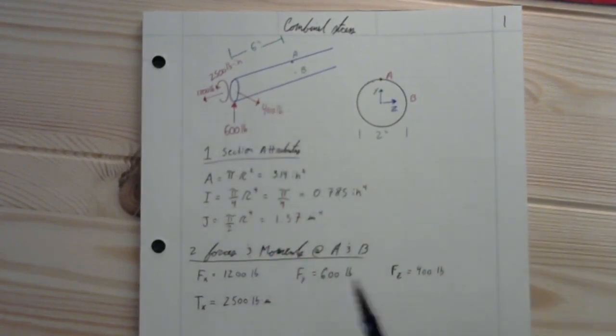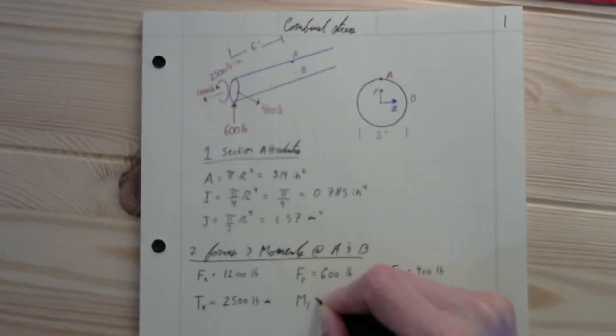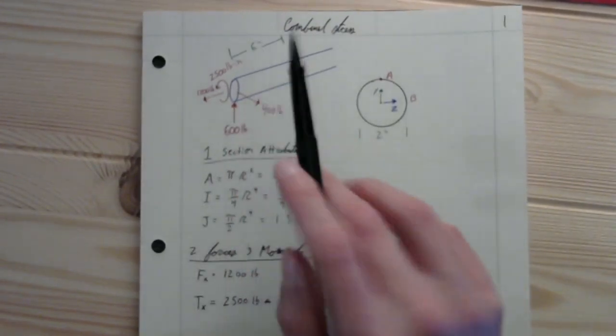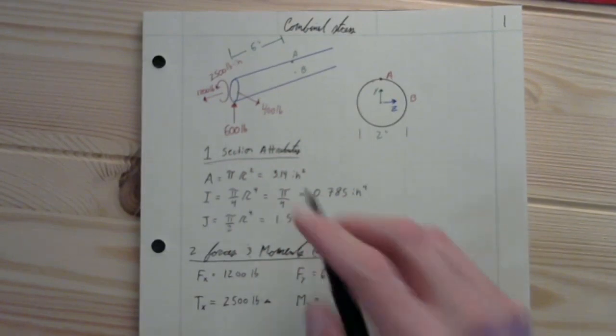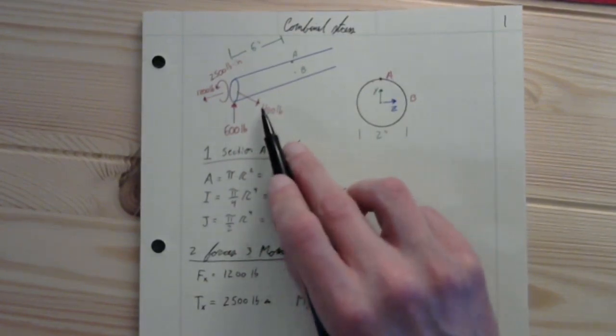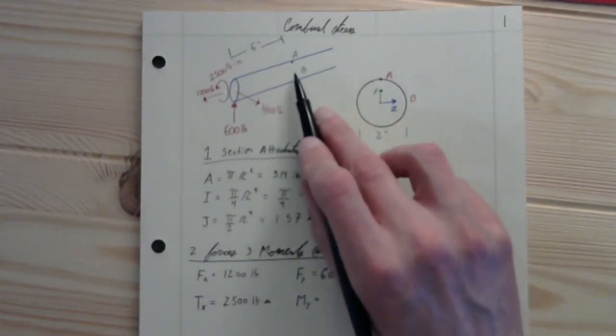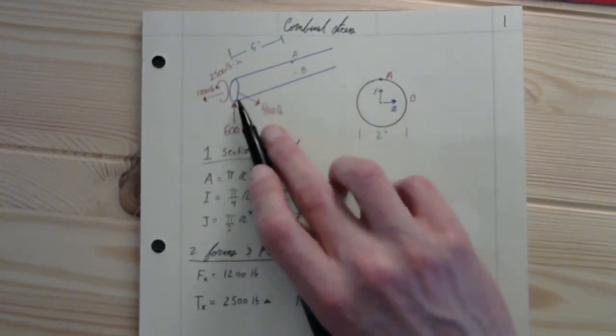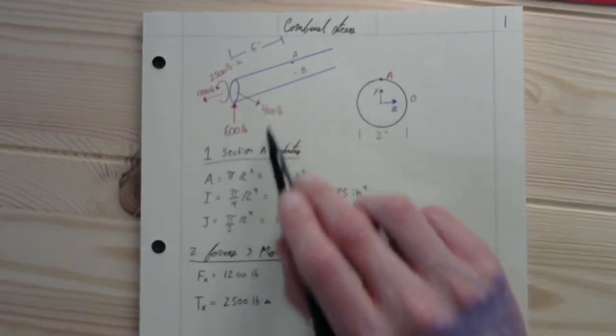Now we have the moment about the y-axis. That's going to be caused by this force right here in the z direction, because we have a lever arm from A and B over this cross-section up to this point in the x direction. We were looking for a moment about the y-axis, so we had better have the force be in the z direction.